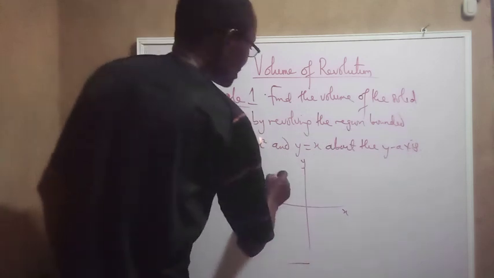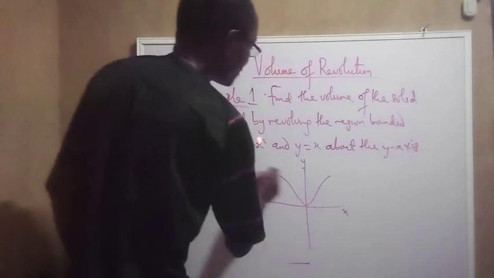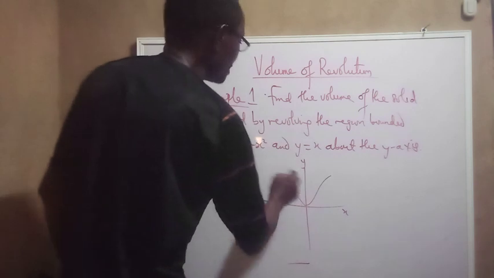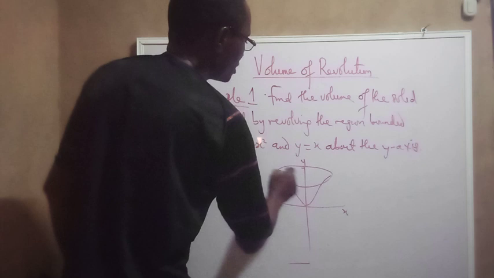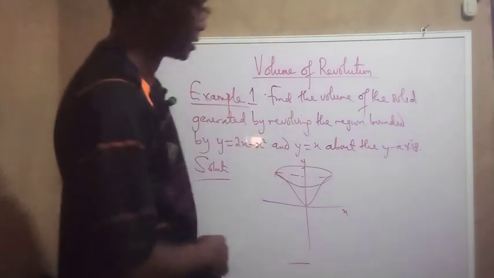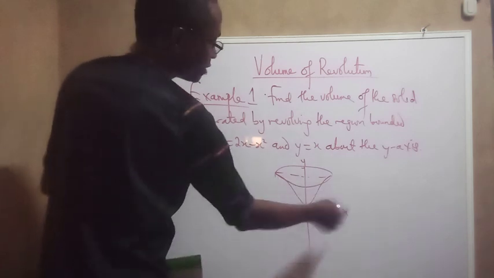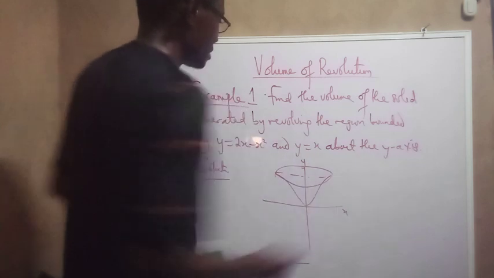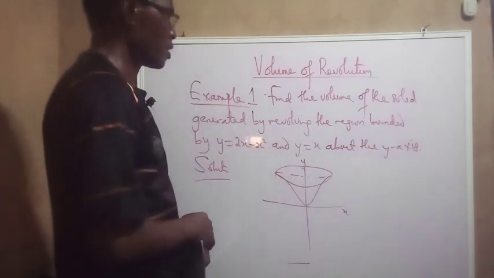So we have something like this. Let's say this is the object, this is the first graph, this is the second one. So this object is revolving around the y-axis. If it was the other way around, then it would be revolving around the x-axis. But according to this question, the object revolves around the y-axis.